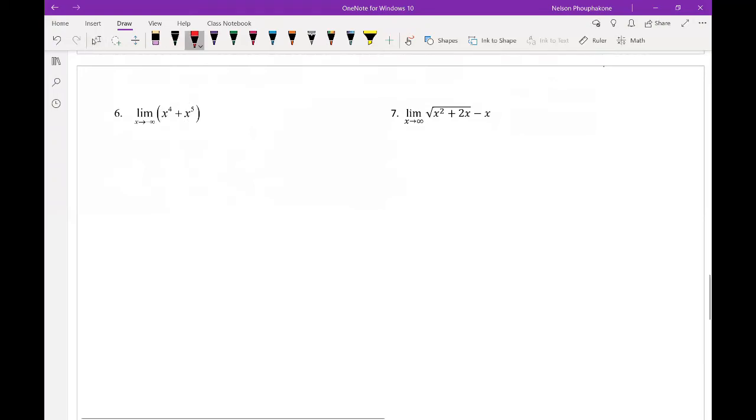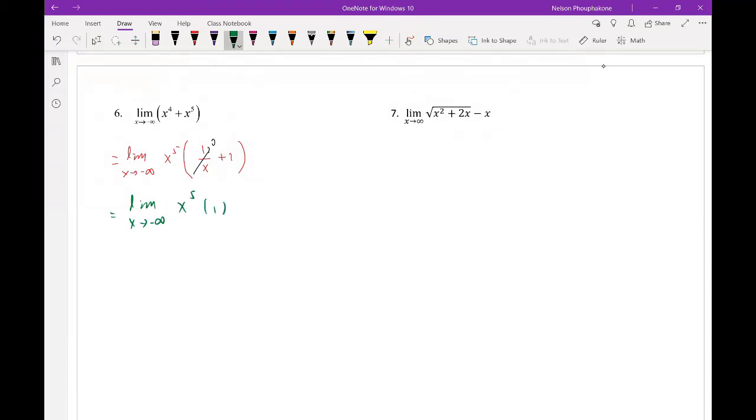What we need to do here is take out the x to the fifth, and then let's see what we have. Of course I will have 1 over x plus 1. Now you will see that when we take the limit, this term goes to 0, and we just have the limit as x approaches negative infinity of x to the power 5 times 1.